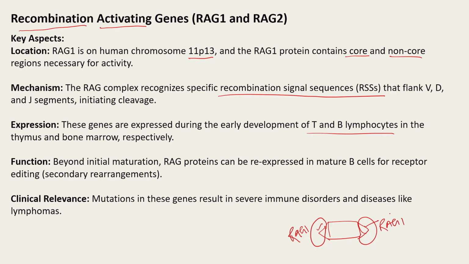One should critically think about RAG1 and 2 genes separately in comparison to any other gene. These are specifically genes involved in the recombination event. They are expressed largely in the T and B cell production areas, the thymus and bone marrow, and their production is largely in the fetal or embryonic condition, but they are also expressed later in life in order to control receptor editing and avoid self-reacting T and B lymphocytes.